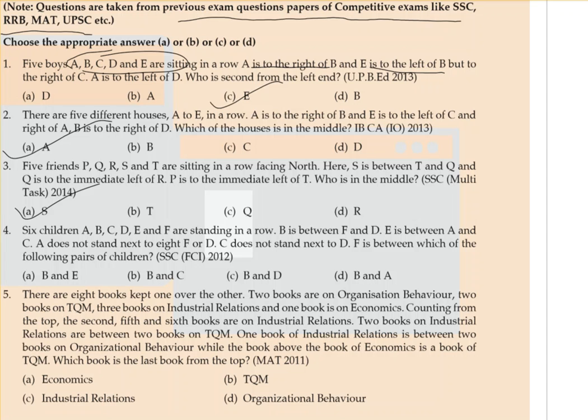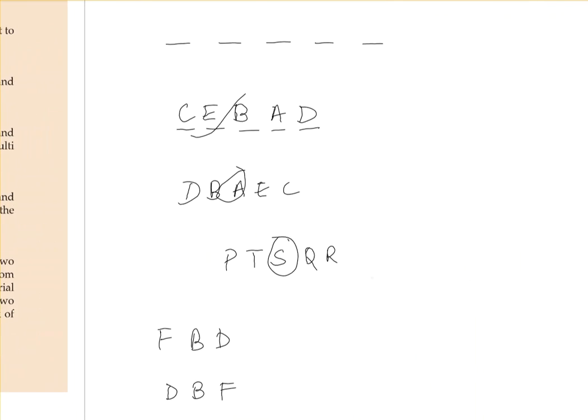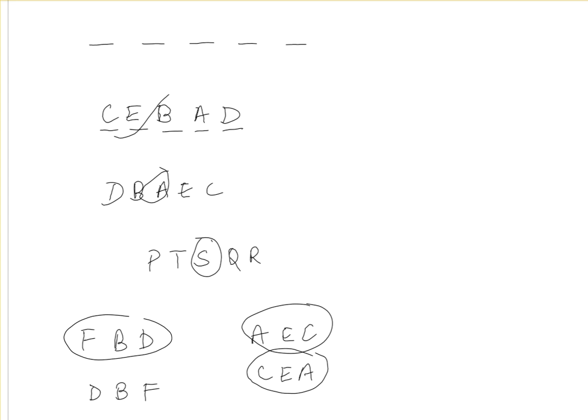E is between A and C. A does not stand next to F or D. Okay. E is between A and C. That means any two of these cases and any two of these cases.